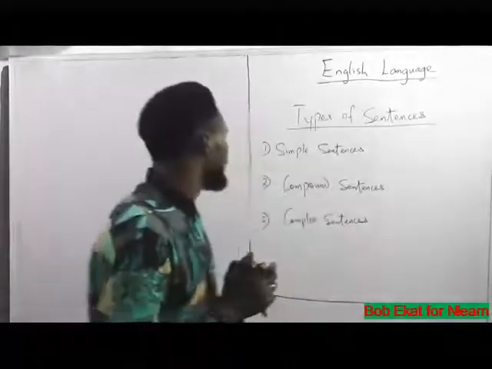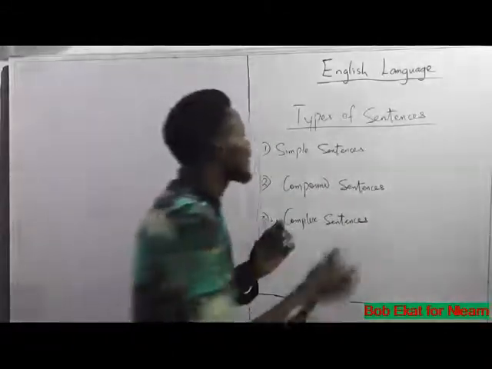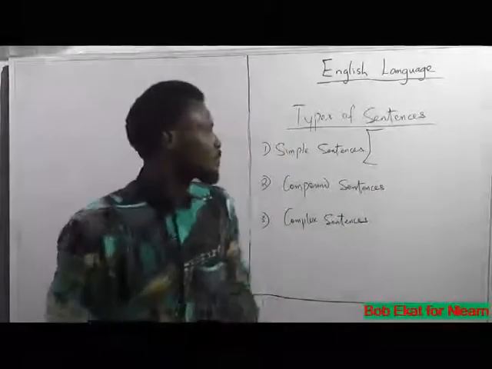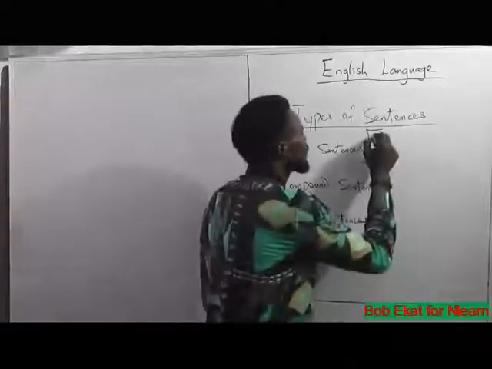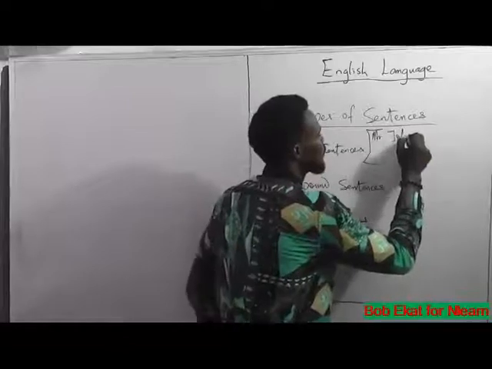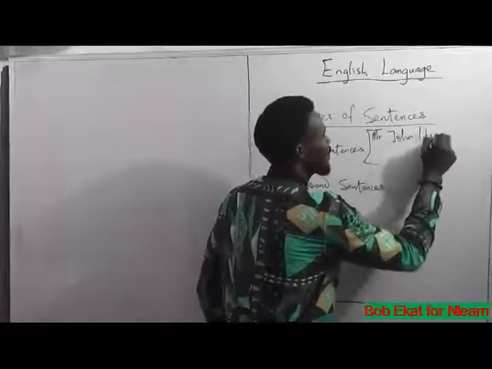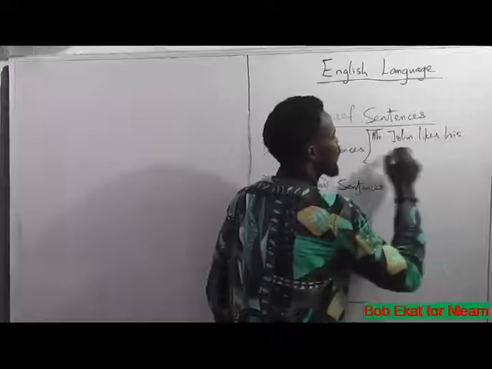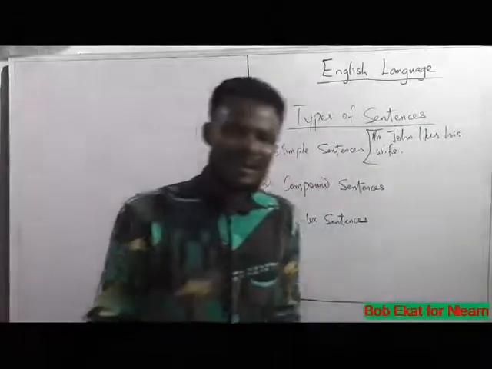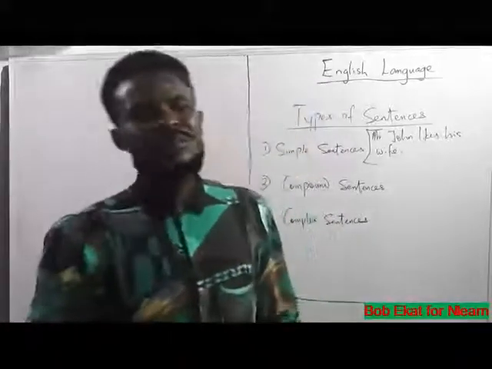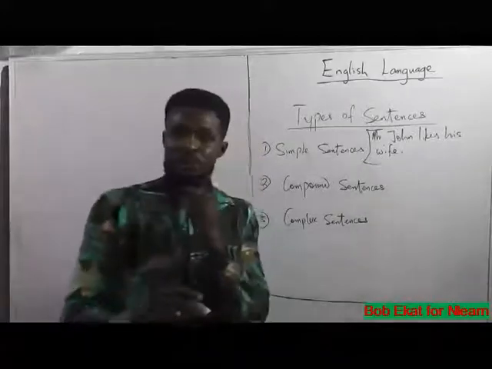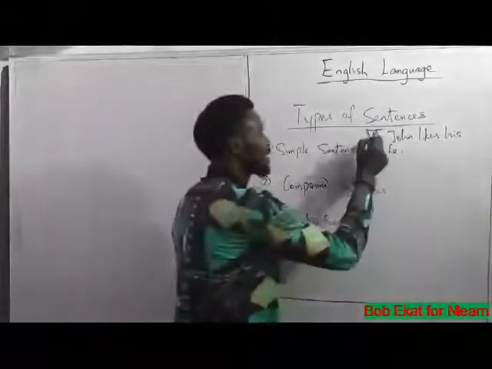So when you see a sentence that goes this way, Mr. John likes his wife. Mr. John likes his wife. It's a simple sentence because it has one subject, who is Mr. John.